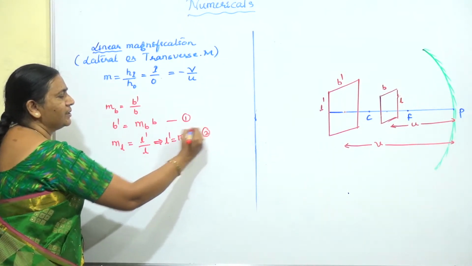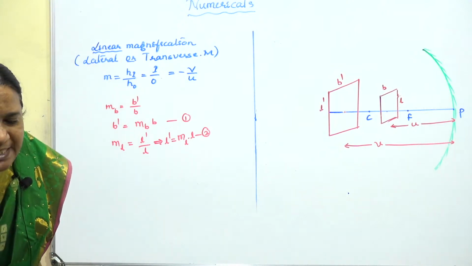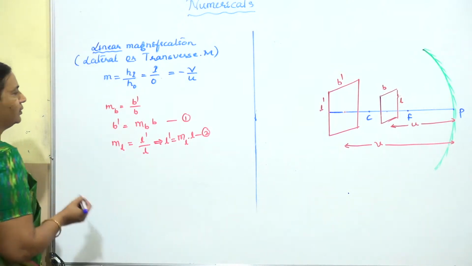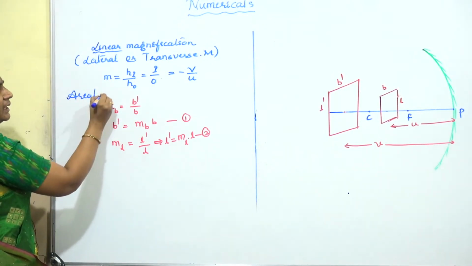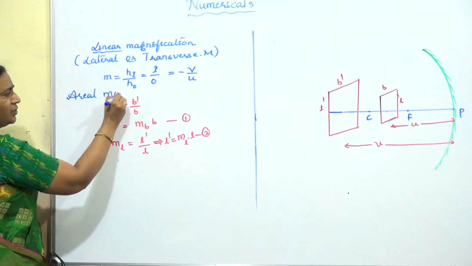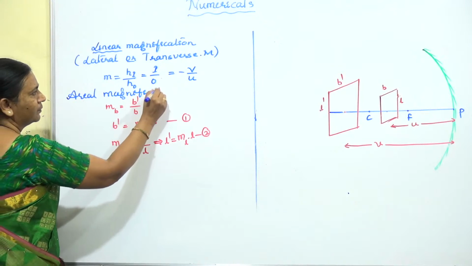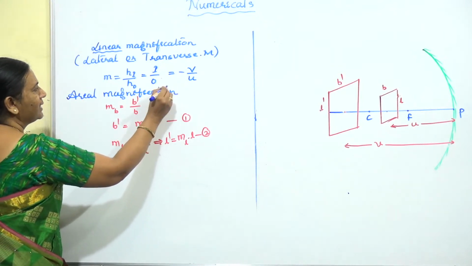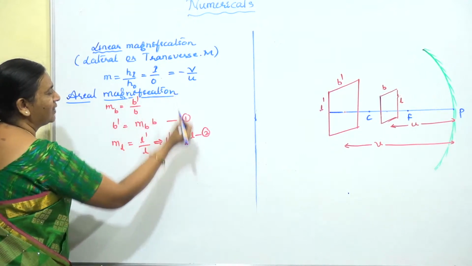Now let me come to this magnification we are going to call aerial magnification. It is also known as superficial magnification, like in expansion you have come across.